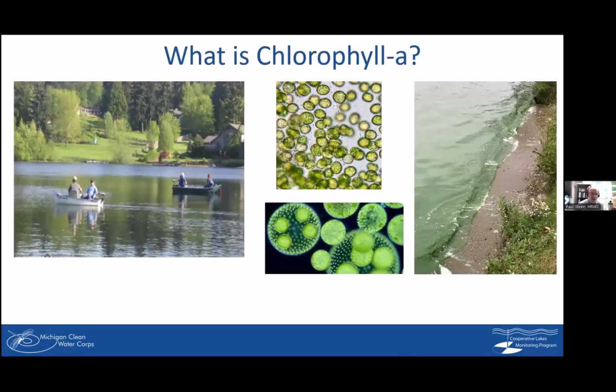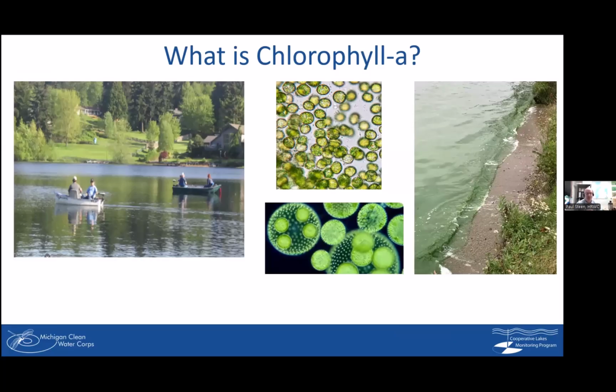So what is chlorophyll? Well, go back to your high school biology days and you'll know that chlorophyll is the pigment in green plants that turns the sunlight into food. Green plants includes algae. And of course, lakes are full of algae, and lakes need to be full of algae.